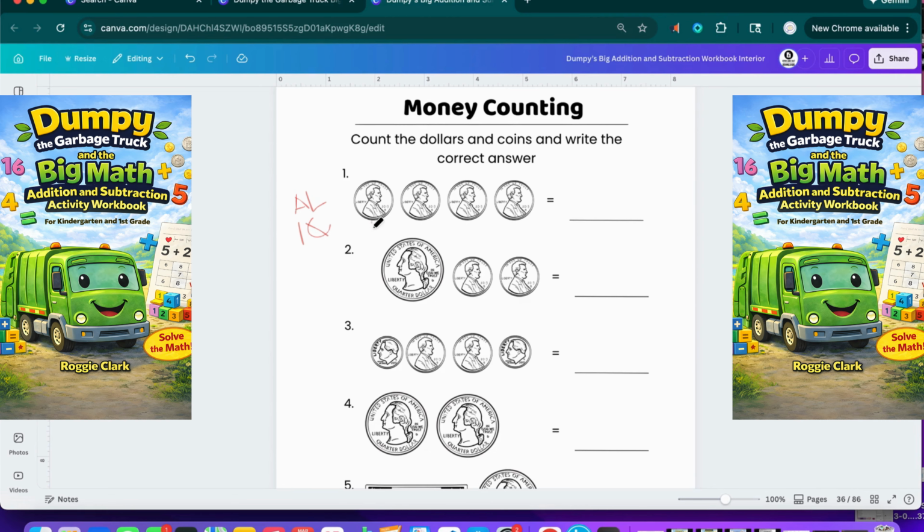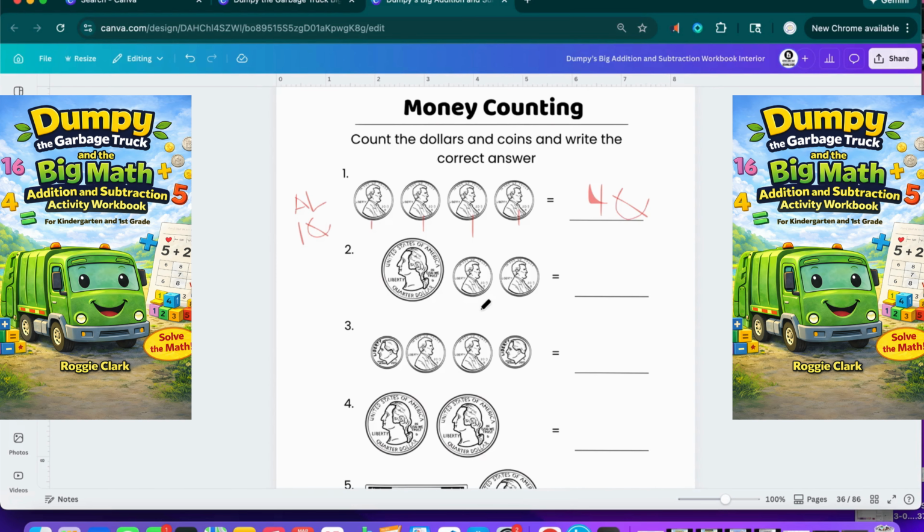That's one, two, three, and four. I counted 4 pennies, each 1 cent. Really simple to do.